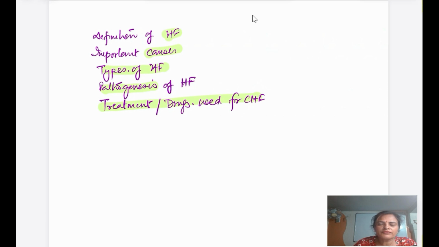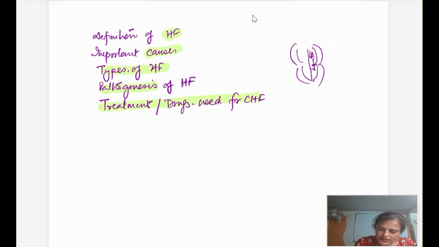Now what is heart failure? So normally what happens? The left atrium contracts and pushes the blood towards the left ventricle.